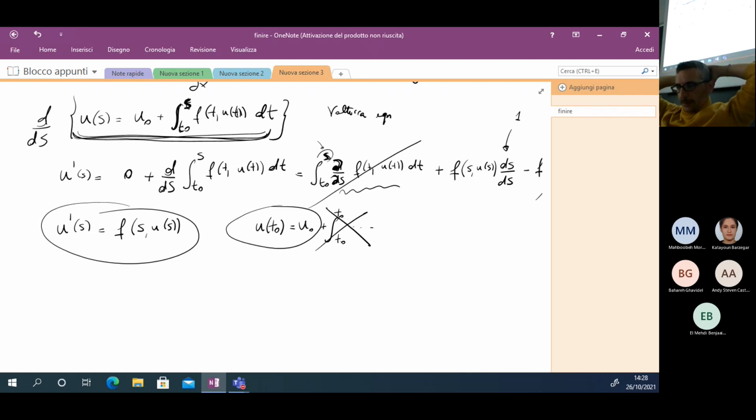So, how do you solve the Voltaire equation? What you use is what's called the Picard method, which is basically generating approximate solutions of the exact solution of your problem.